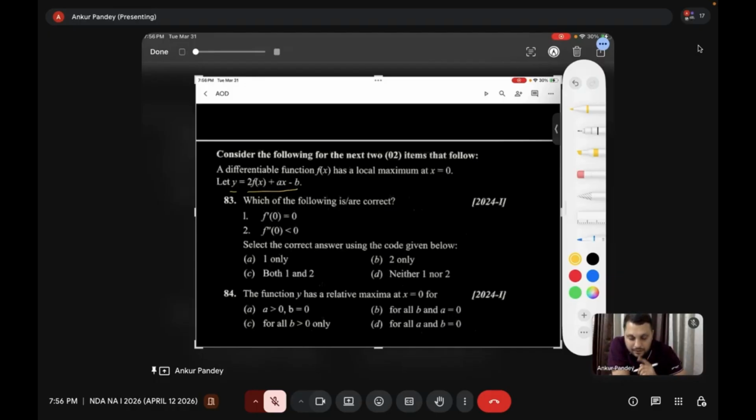Whether maximum or minimum, x equal to 0 is one of the critical points. Yes or no? And for a critical point, what do we do? We differentiate. So 2 times f dash x plus the differentiation of ax is only a, and the differentiation of b is 0. Yes or no?